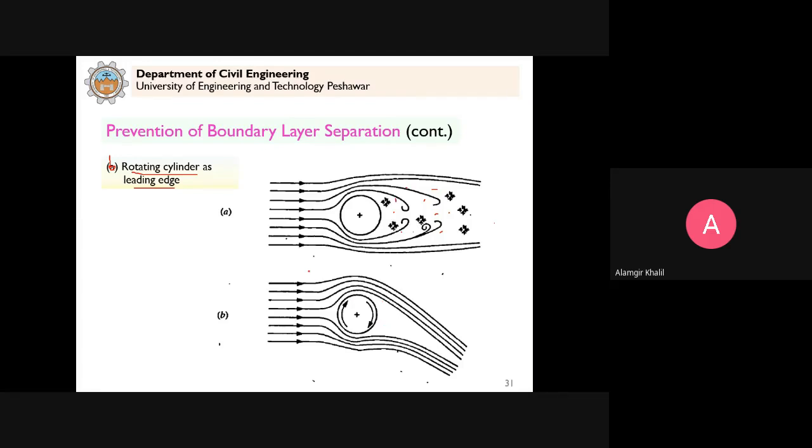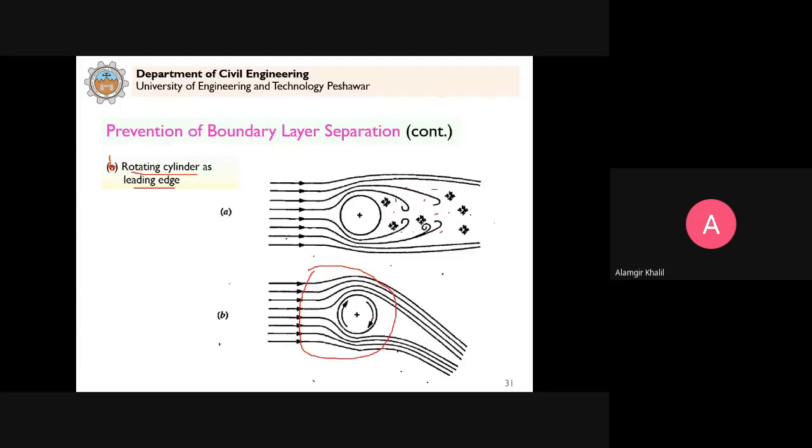Clear? But then this rotation of a cylinder in a moving fluid leads to another phenomenon, which is known as the Magnus effect. On one side, it can help to reduce the drag force by rotation of this body in a moving fluid, clear?